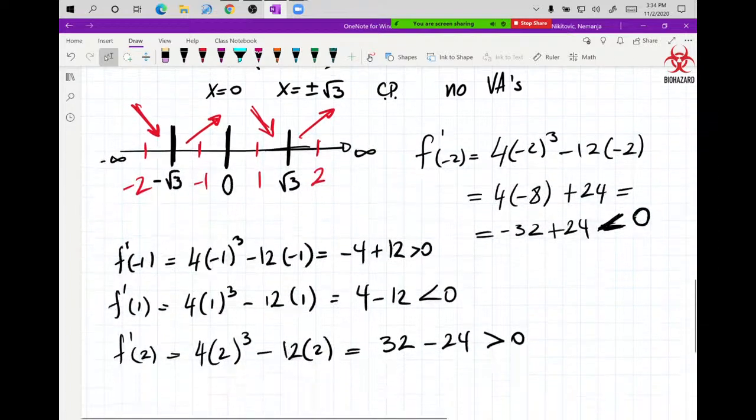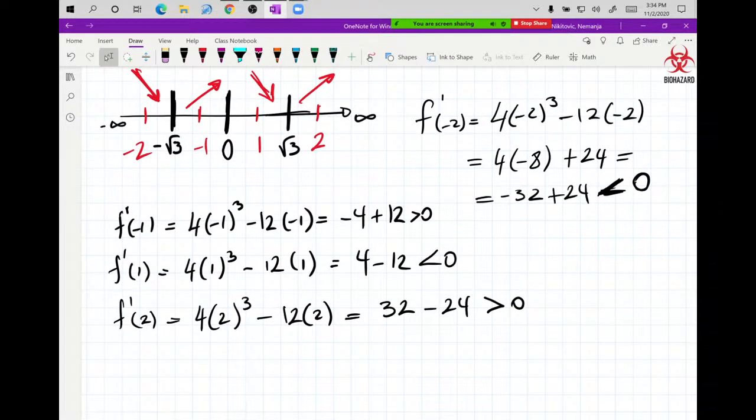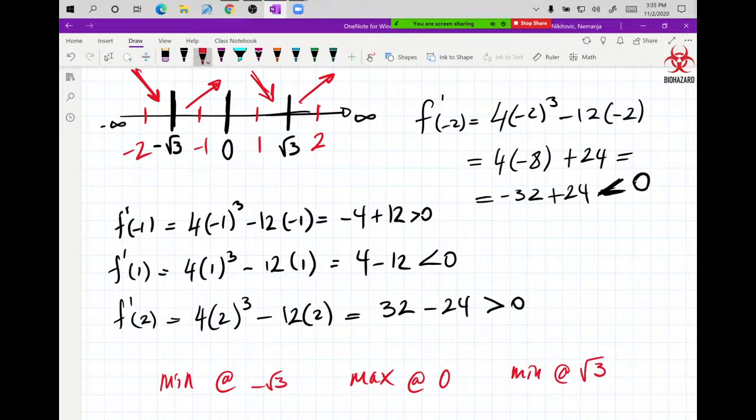So when I observe this, I see that there is a minimum at -√3. I see that there is a maximum at 0, and I see that there is another minimum at +√3. Now we already know that this point is 0, 0, and I just need to compute -√3 and +√3 in the original problem to get the y values, right?